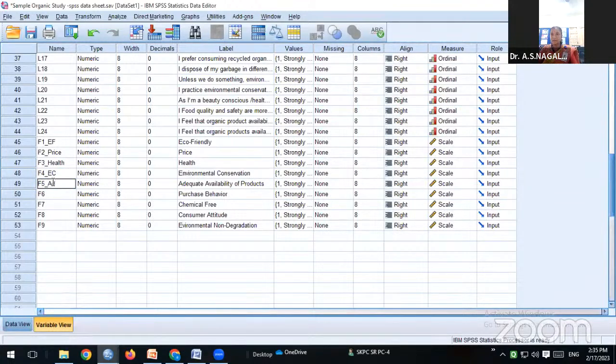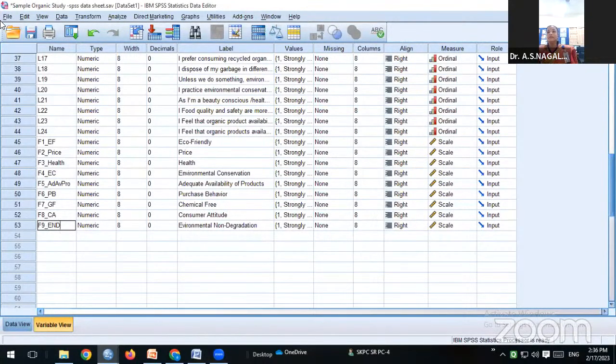Adequate availability of product, purchase behavior, chemical free, consumer attitude, environmental non-degradation.